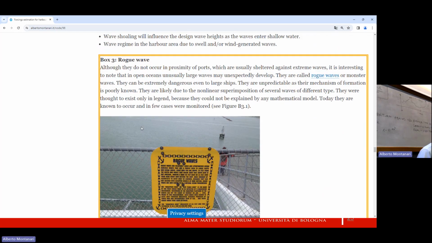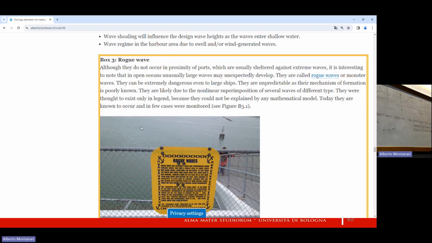And you may have heard recently of anomalous waves. There was a cargo bringing cars and trucks to an island. I think it was, I don't remember if it was Ischia last week. And they got an anomalous wave and the trucks went over the cars. So it was a trouble. And these anomalous waves, also called here rogue waves, monster waves, originate from phenomena of nonlinear interaction between waves.